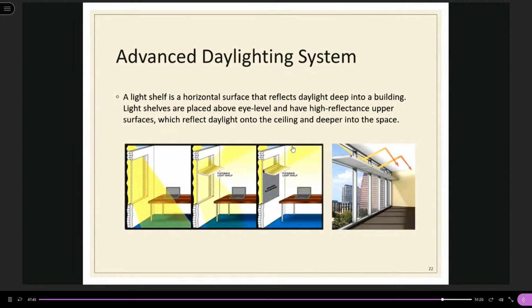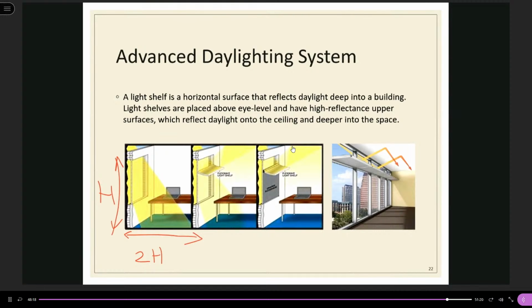So when the window has a height of h, then the area where you can utilize daylight is around 2 to 2.5 times h. In the deeper part of the interior, because it is too far away from the window, that area may not be able to enjoy the benefit from the daylight.